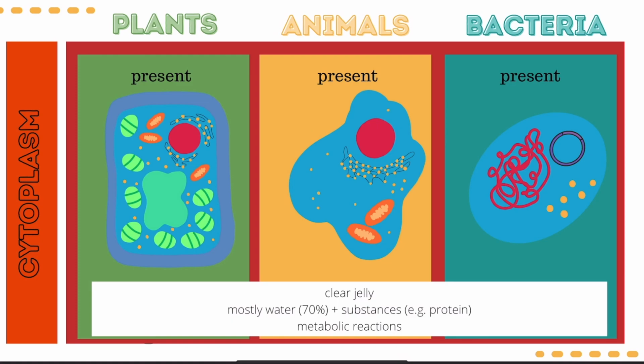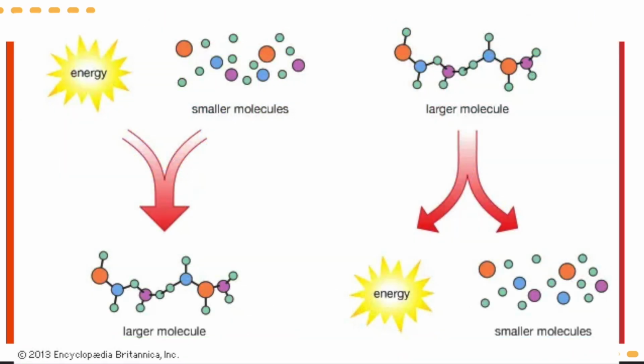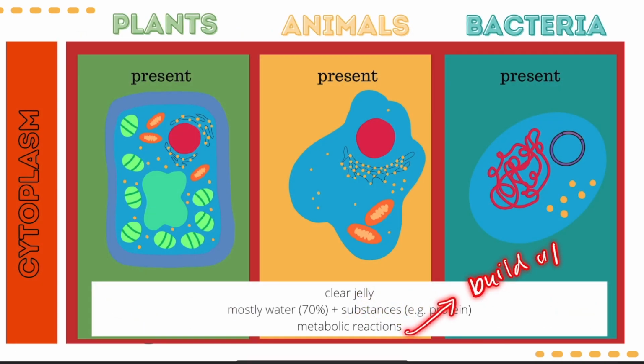And it is made up mostly of water, at least 70%, and several other substances, but the majority of the substances floating in your cytoplasm is a protein. This is the site where metabolic reactions occur. And in metabolic reactions, we usually can build up or break down several substances.